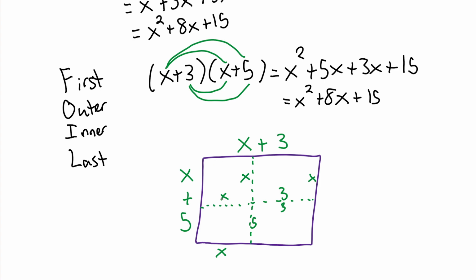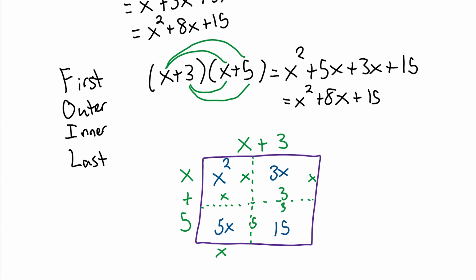So you break it up into each of these different combinations, and the area of each of these parts would be x squared, this rectangle would be 5x, this rectangle would be 3x, and this rectangle would be 15, which are the same as all of the parts that we had when we FOILed.